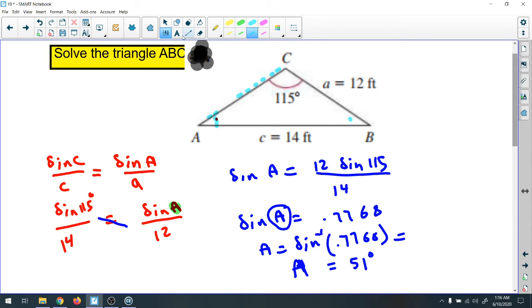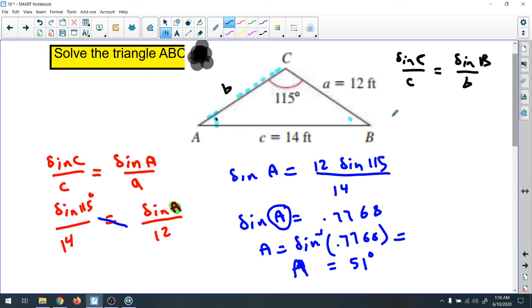So sine of C over c, that's capital C and lowercase c, equals, we're looking for B, sine of capital B over side lowercase b.